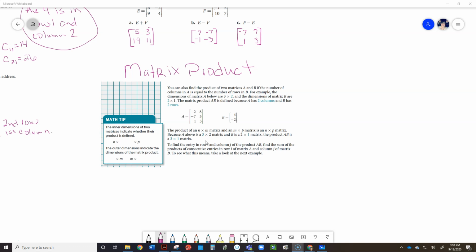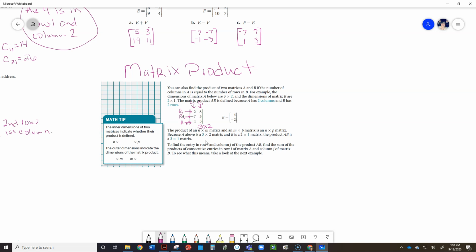first matrix and this one, let's go ahead and write this matrix right here, is a 3 by 2 because it has 3 rows, row 1, row 2, row 3, and these 2 columns, column 1, column 2. So it's a 3 by 2.